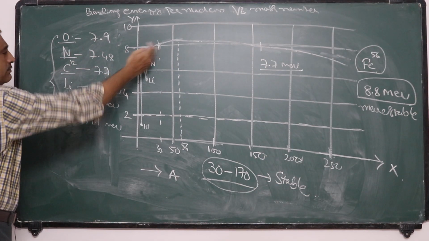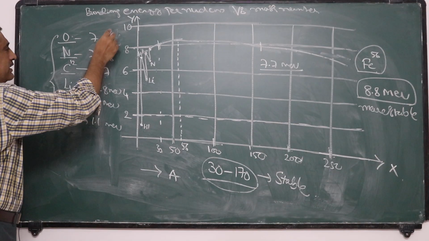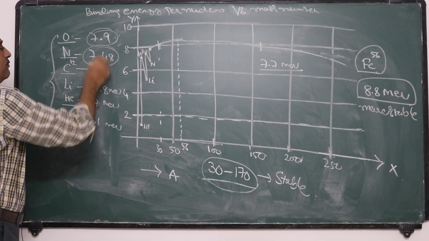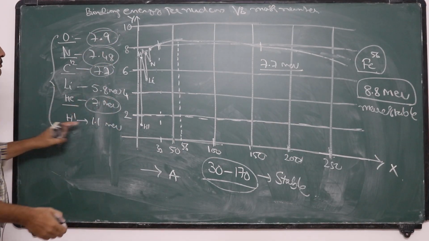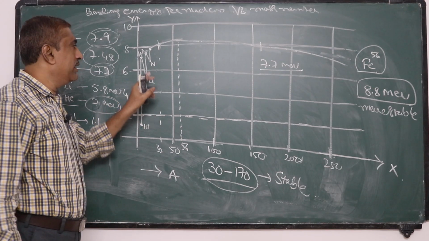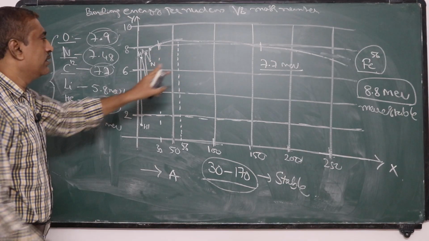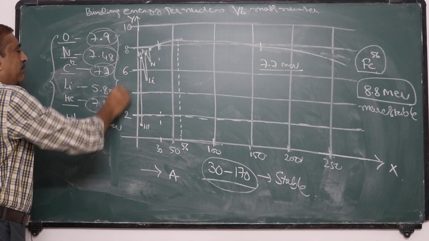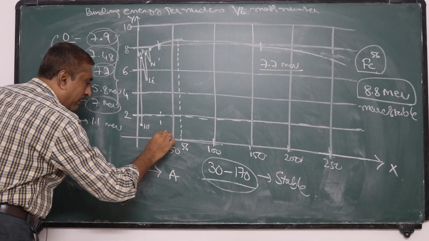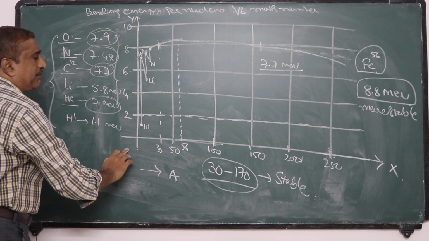So these are more stable, because their binding energy per nucleon is very close to 8 or the average value of 7.7. So these elements are stable for mass numbers less than 30.